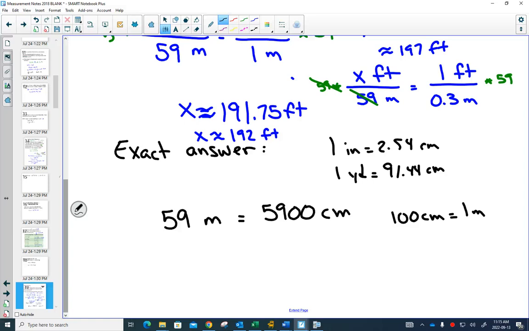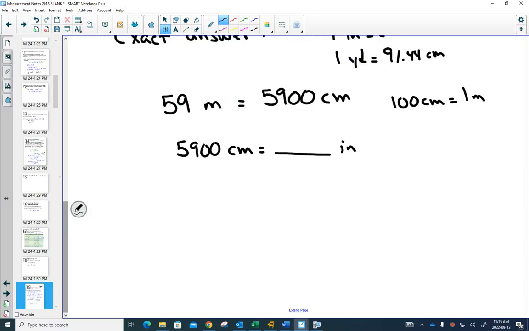I can now change my centimeters. I'm going to use the inches one. Okay? 5,900 centimeters is how many inches? Should I multiply or should I divide?